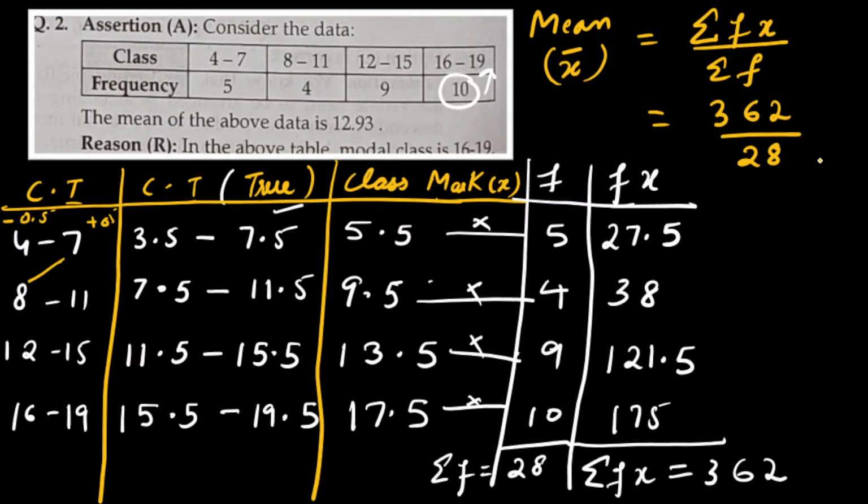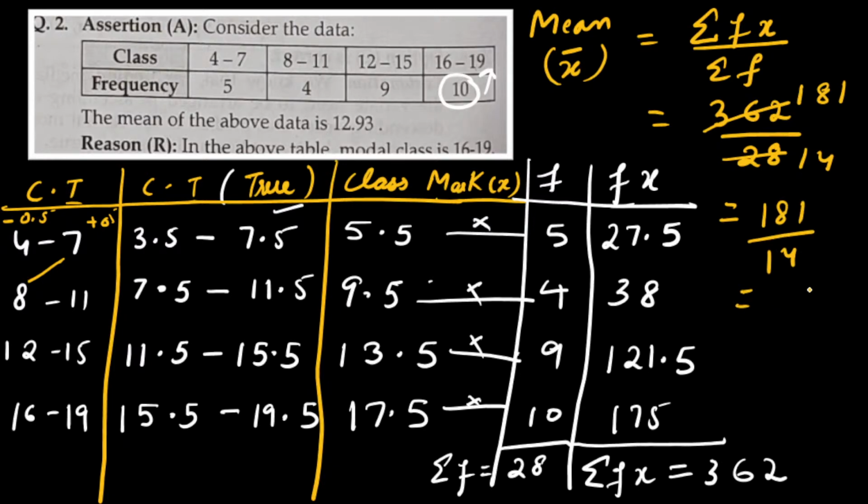We can just divide. So here if you want calculation cancellation we can do. So 2 table we can do cancellation. 2 into 14. 2 1 16 8 181. 181 by 14.